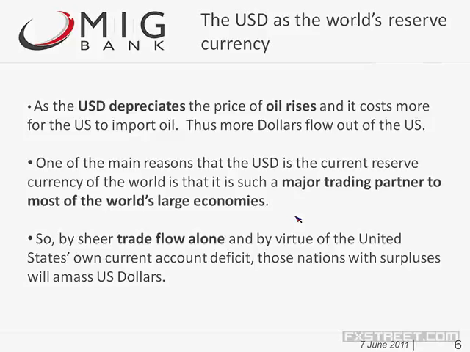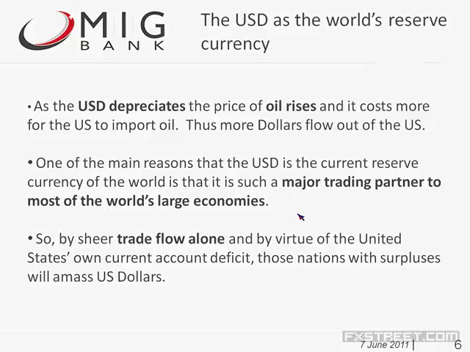I think one of the main reasons that the US dollar is the current reserve currency of the world is simply that it's a major trading partner to most of the world's large economies. And by that, I mean, if you were to look at trade versus Germany, United Kingdom, Canada, Mexico, India, perhaps Russia, you'd see that the US is probably within the top 10 trading partners of all of those countries.